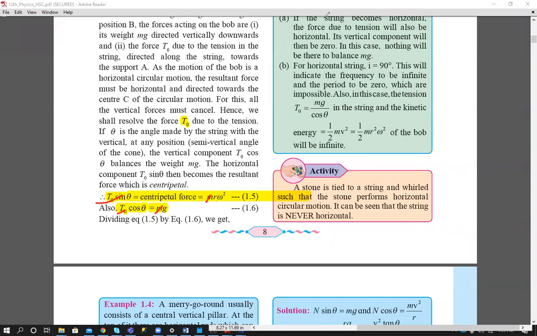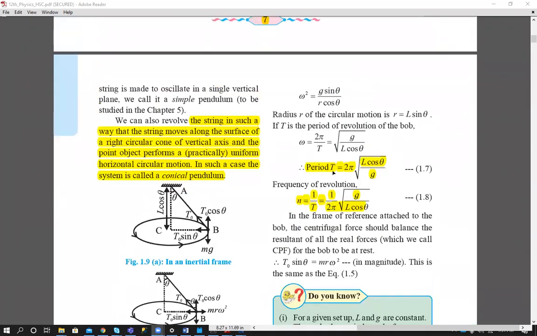So what you get is tan theta equal to r omega square by g. They just put r on this side.